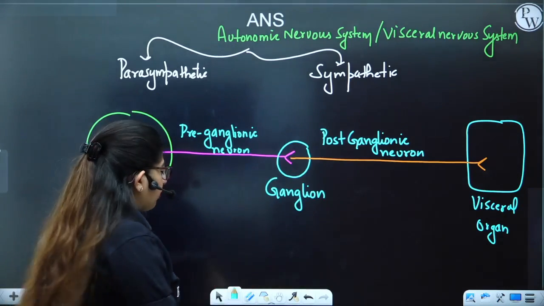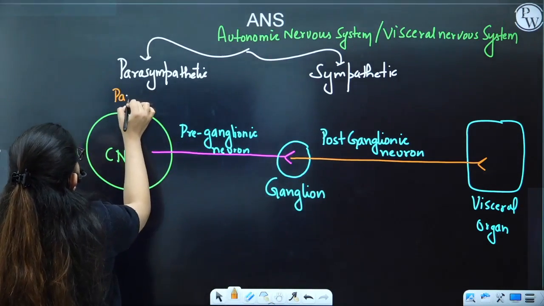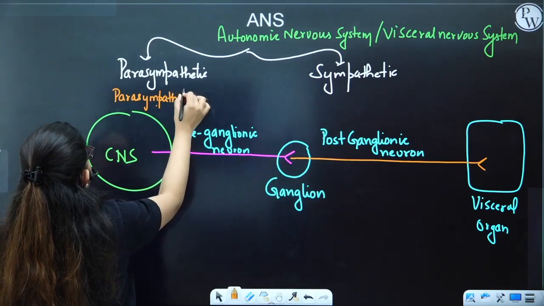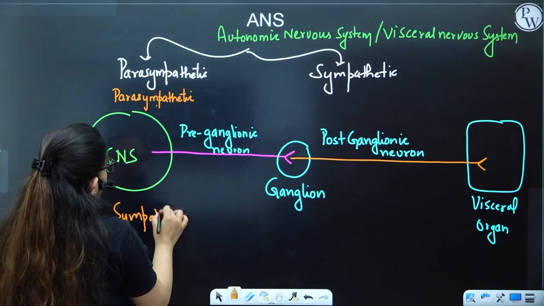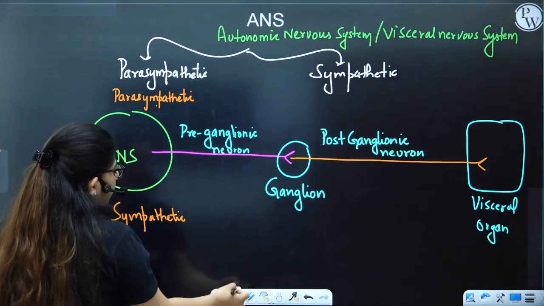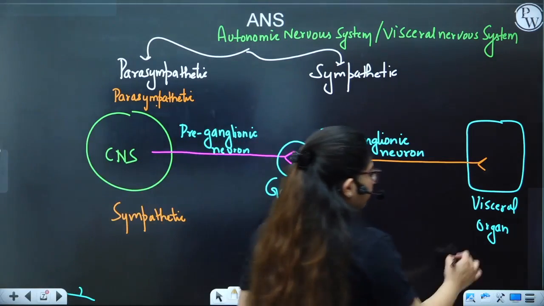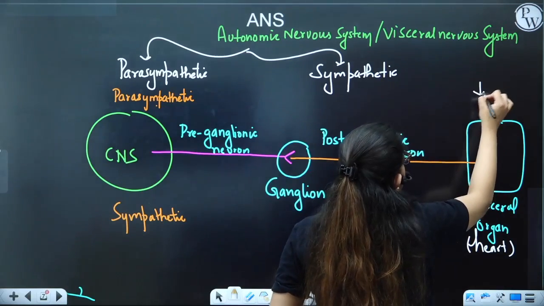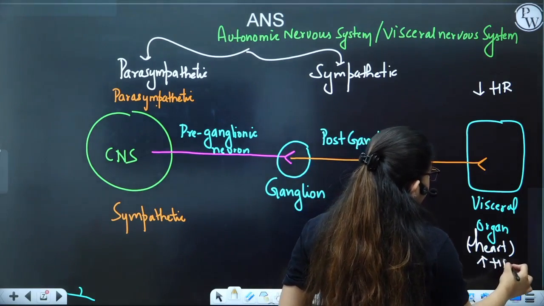Parasympathetic and sympathetic work opposite to each other, as I've told you in the previous lecture as well. I'll give you one example. If here is the heart, parasympathetic nervous system decreases the heart rate, and sympathetic nervous system increases the heart rate.